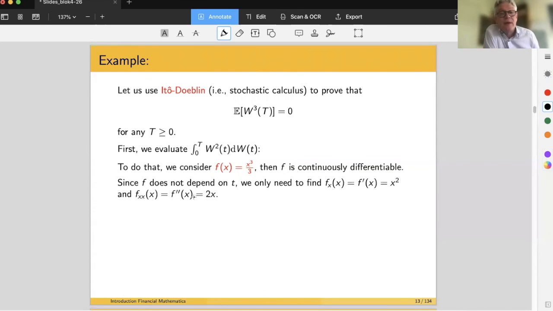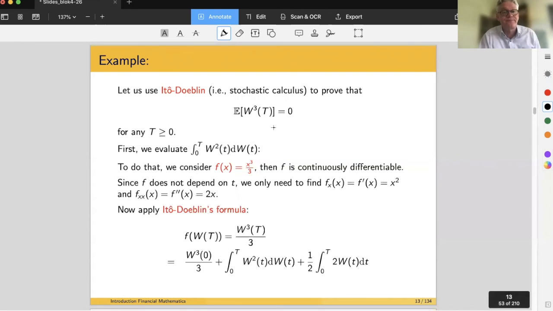Well, with this information already, we can apply the Ito-Doeblin formula to this expression, and then later we substitute Wt for x, of course, right? That's how we do it. So applying Ito-Doeblin's formula, a function of Wt, in this case is W cubed at final time capital T over 3.